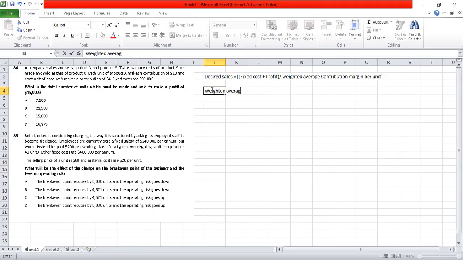Weighted average contribution margin per unit is equal to, let's see the calculation: if it is product X, for every 1 unit of product, let's put it like this.